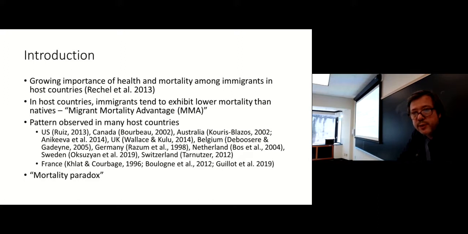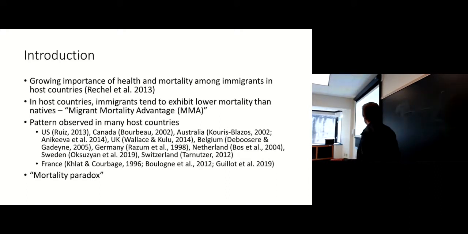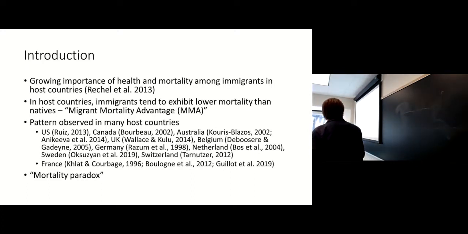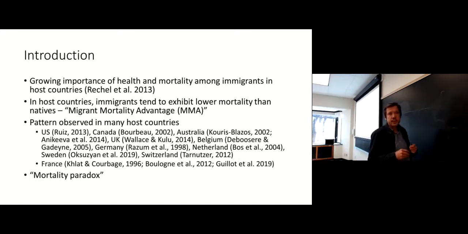Now, in host countries, as many of you are aware, immigrants actually tend to exhibit lower mortality than natives. This is the so-called migrant mortality advantage, the acronym MMA. It's a pattern that's really pervasive in host countries. It's observed in virtually all host countries. You have the list here. In all these countries, migrants have been observed to have lower mortality than natives.